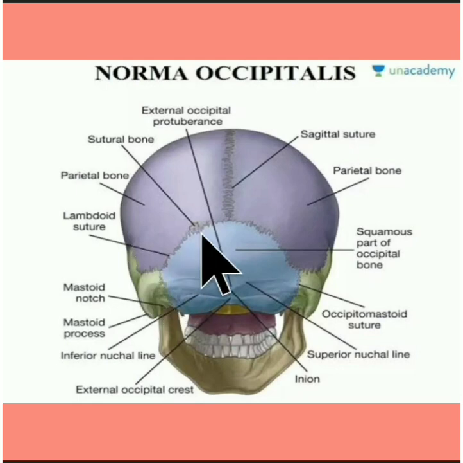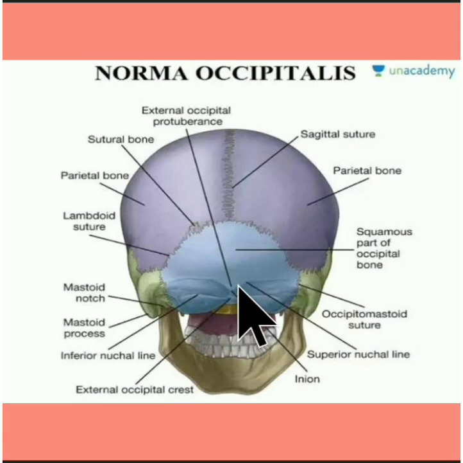Okay, and here we can see some other features also. The features seen in the norma occipitalis: first of all we can see this protuberance which is called the external occipital protuberance, and a line passing downward, a crest, which is called the external occipital crest.